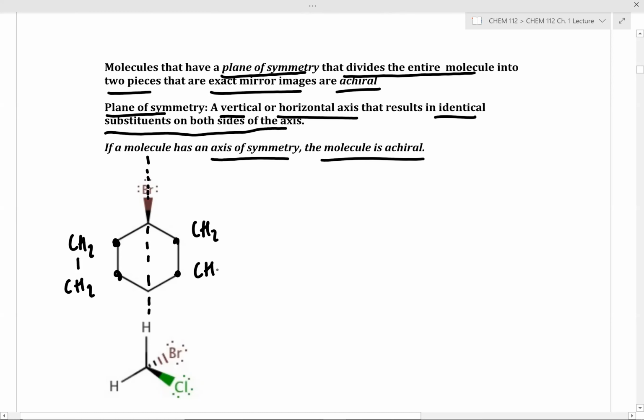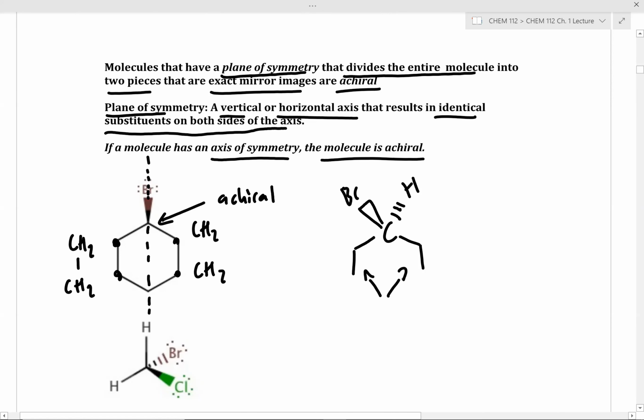So in this case, it's as if we have these alkyl chains that are identical, the bromine pointing out of the plane of the page and a hydrogen pointing in. Since our substituents are identical, this center is achiral. It's not a chiral center. You have to have 4 unique substituents.